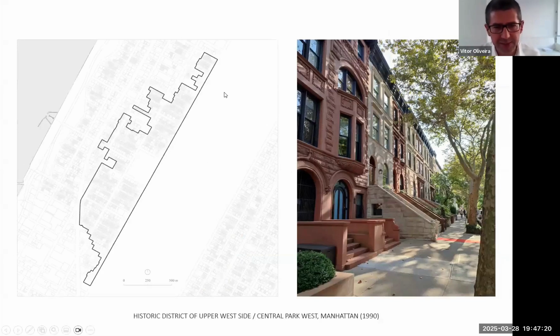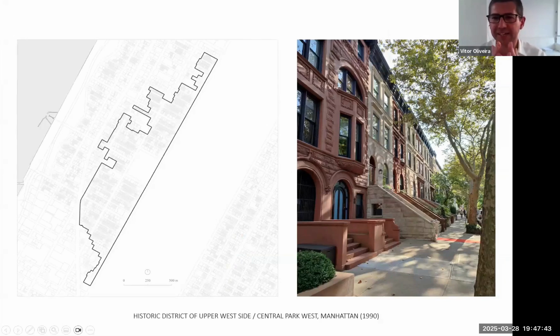And if you look at the first image, this white area is the Central Park. This is the Hudson River, and here you have the largest historic district in the city. In the second figure, you have an illustration of it.